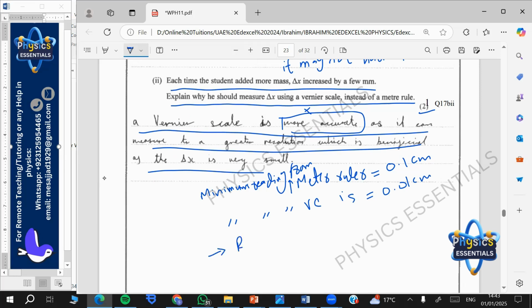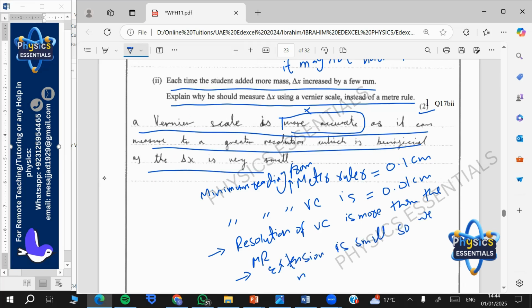So you have to write that the resolution of the vernier caliper is greater than the meter rule. And the second reason is the extension is small, which is the correct answer. So we need an instrument with greater resolution because we have a very small length as an extension. So we need a precise piece of equipment with more resolution, to measure the extension with greater resolution or least count. We call this minimum reading the resolution or least count. So therefore he lost 1 mark here.